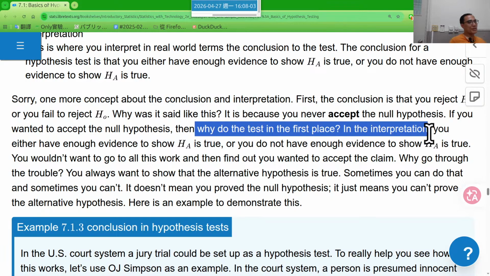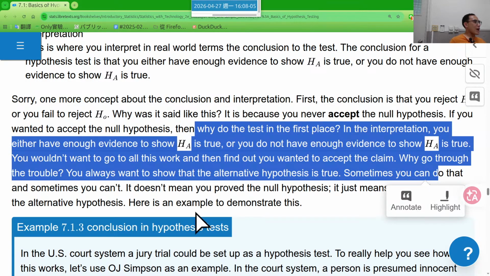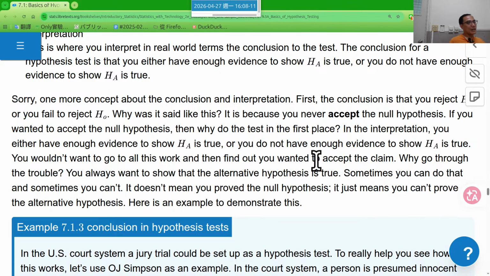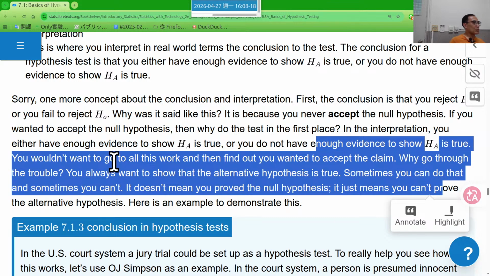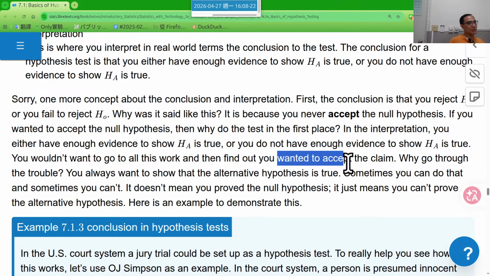In the interpretation, you either have enough evidence to show the alternative hypothesis is true, or you do not have enough evidence to show the alternative hypothesis is true. You wouldn't want to do all of this work, then find out you wanted to accept the claim.